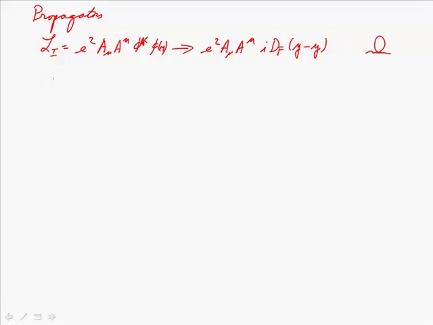And in the other case, the other term we had at next order, we had integral d4y minus i e A mu phi star d mu phi plus another term.